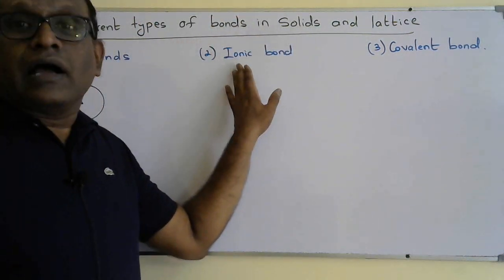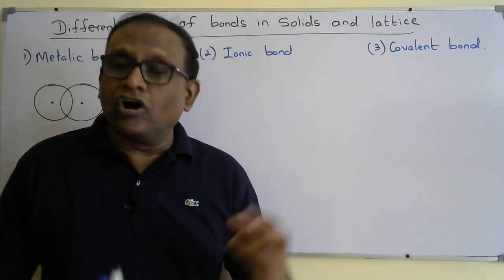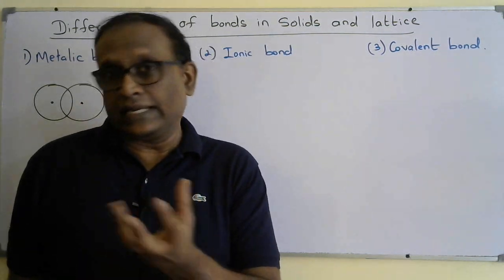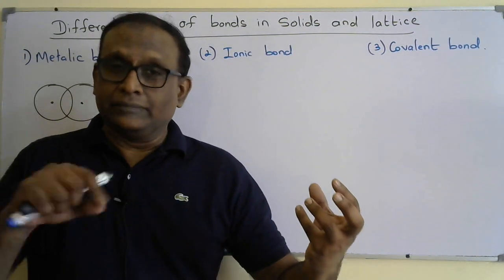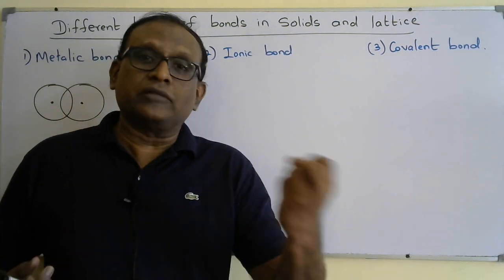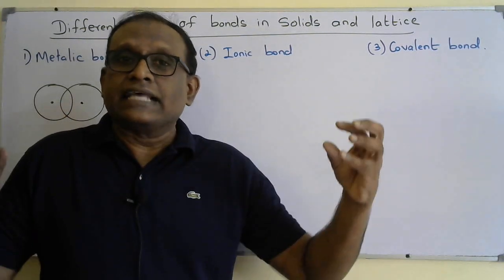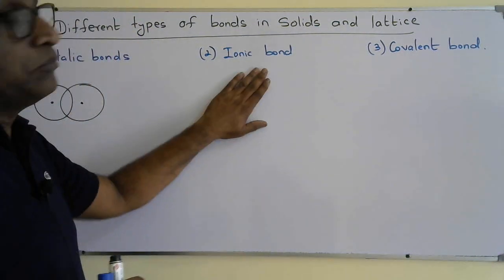Here, a metallic atom and non-metallic atom form ionic bond. The metallic atom loses an electron or two electrons, depends. The non-metallic atom gains the electron lost by the metallic atom. So the metallic atom will become positive ion, non-metallic atom will become negative ion. So between positive and negative ions there will be electrostatic attractive force that forms the ionic bond.